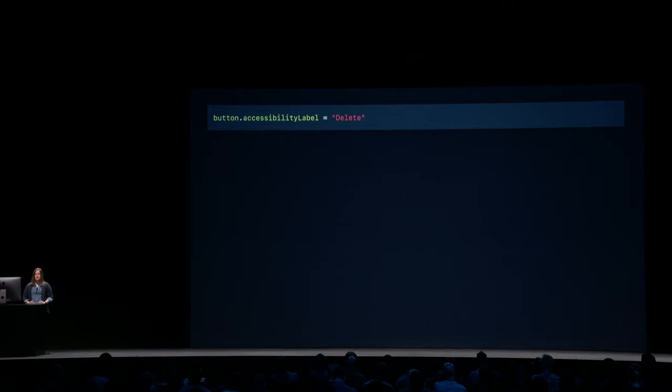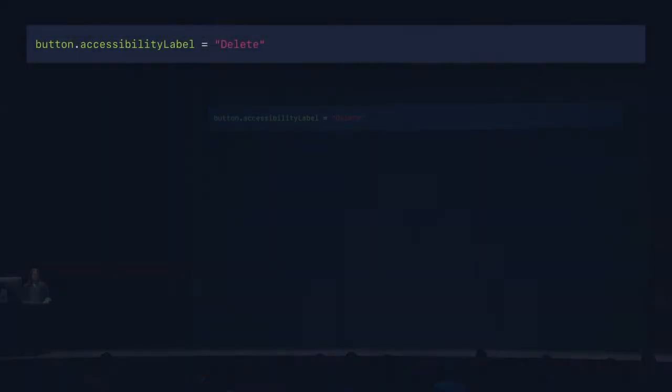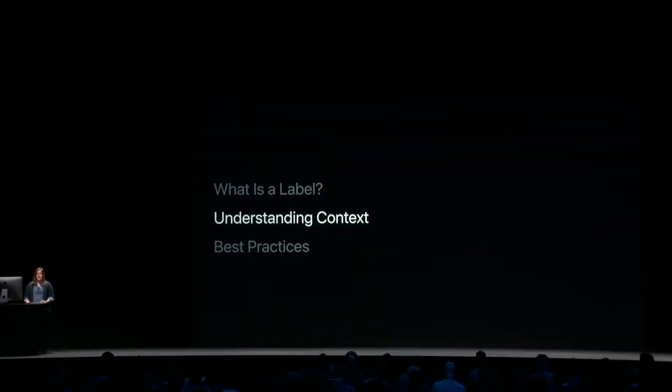It's just getting or setting a string. But I get it. It's actually pretty difficult to accurately label the elements in your app. And as it turns out, that's all about the context. So that's what I'm going to help you understand in the next few minutes, is the importance of understanding context.